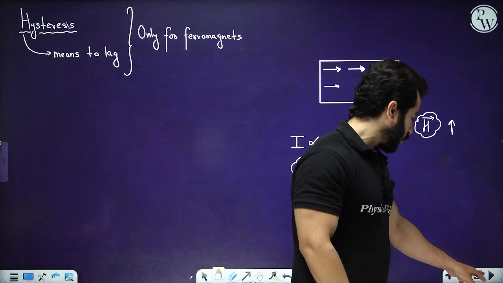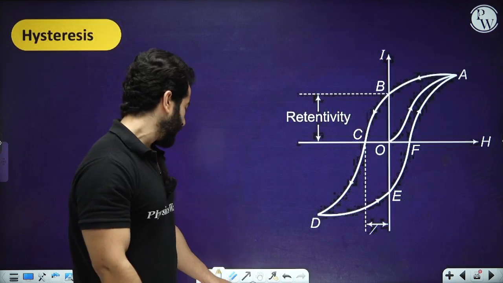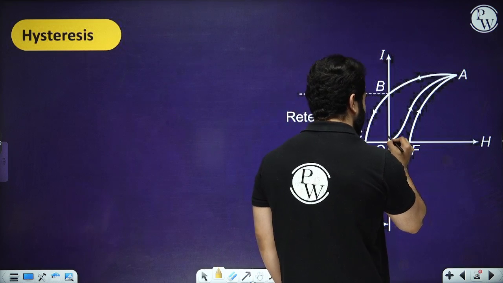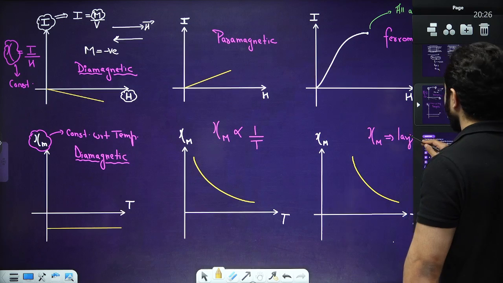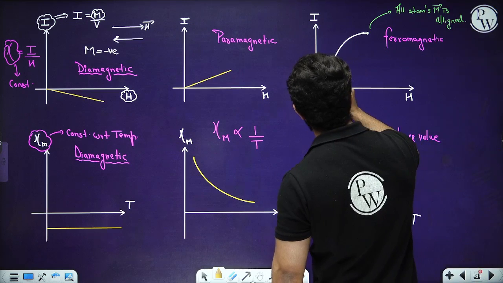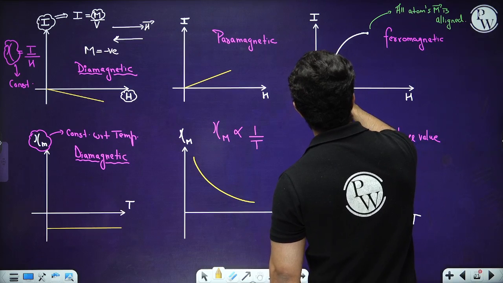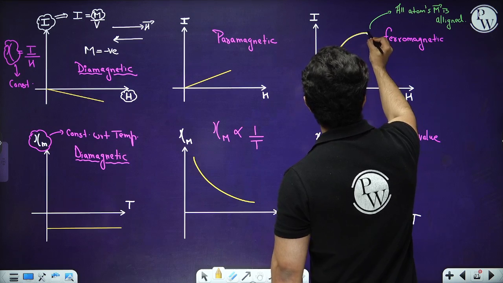If you draw a graph on this, it will look something like this, and I'll explain it. Initially, do you remember that the graph of I with respect to H looked something like this? By the way, this graph is between I and H. Here the saturation has come.